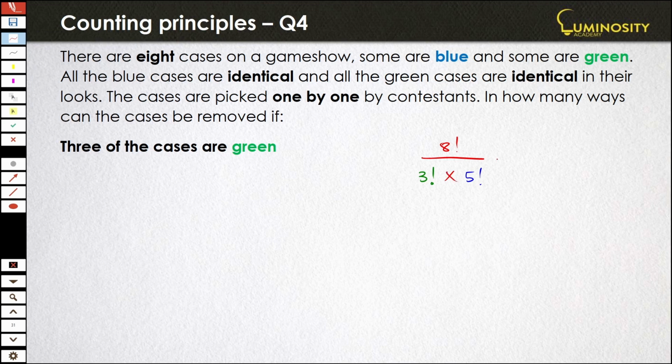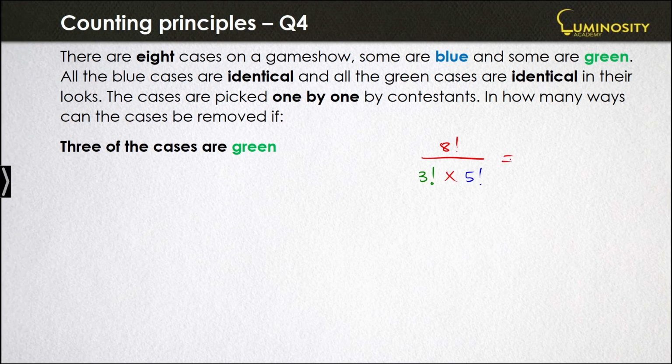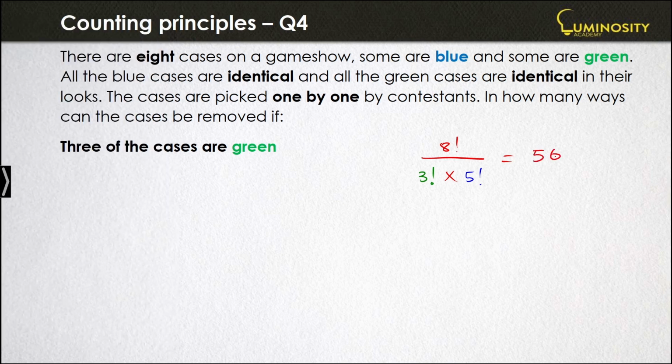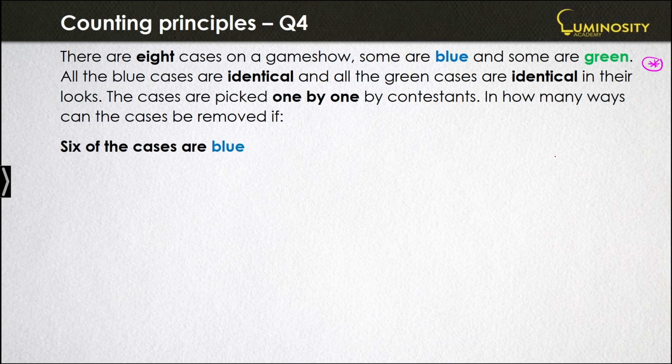So it's going to be 8 factorial divided by the 3 identical green times the 5 identical blue. I'm just going to adjust my formula here in the calculator, and we get 56. So now there are 56 different ways to remove the cases one by one if 3 of the cases are green, and that means automatically 5 of the remaining cases must be blue.